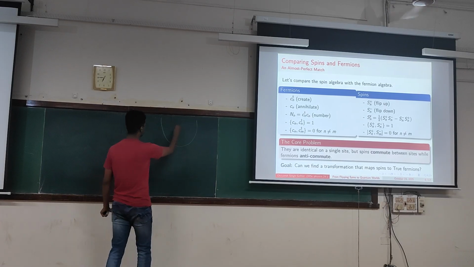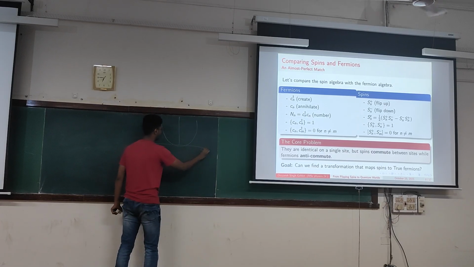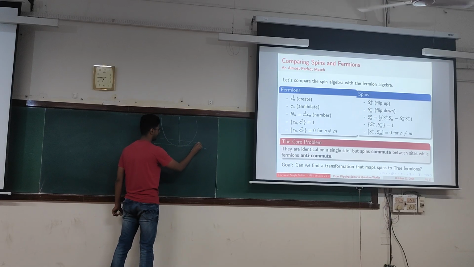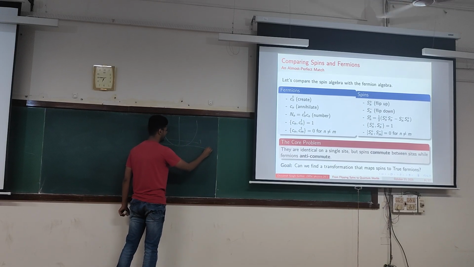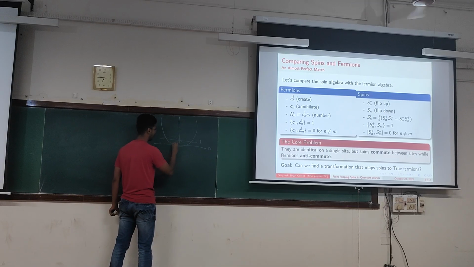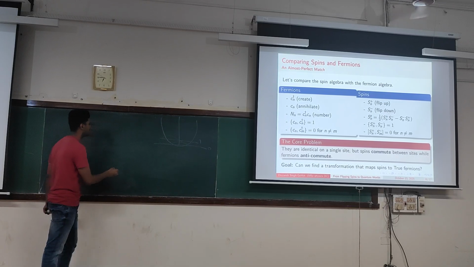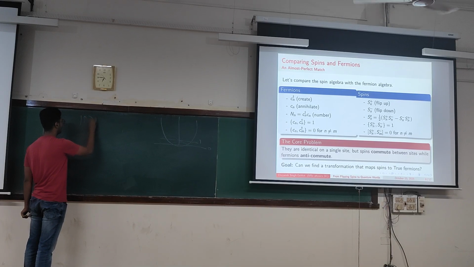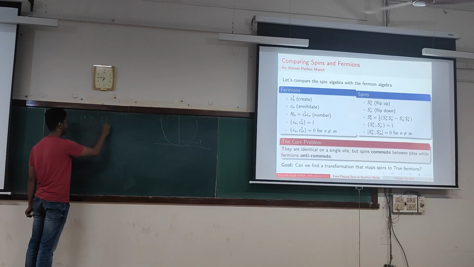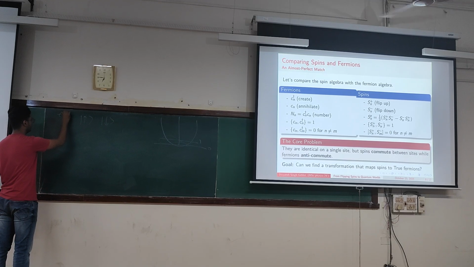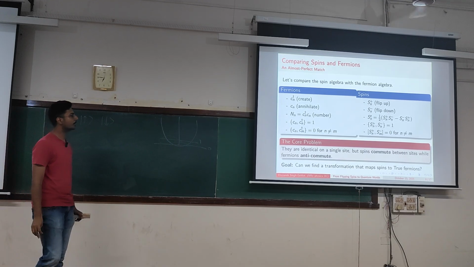So this is our potential value. This is state 1 and this is state 0, and this is spin up and spin down of any particle, let's say an electron.